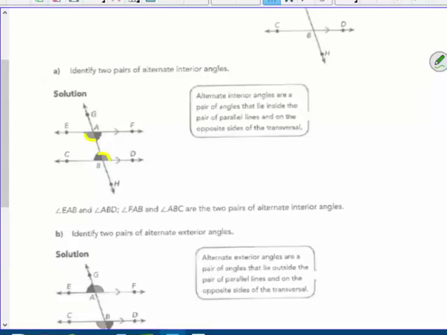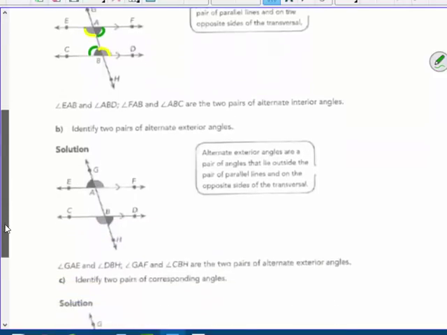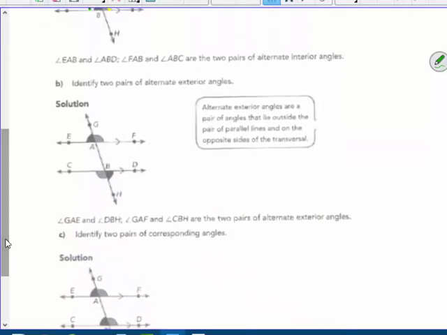Angle FAB, this green angle here, and angle ABC, this other green angle, are a pair of alternate interior angles. Alternate interior angles are a pair of angles that lie inside the parallel lines and are on opposite sides of the transversal. Part B, identify 2 pairs of alternate exterior angles.